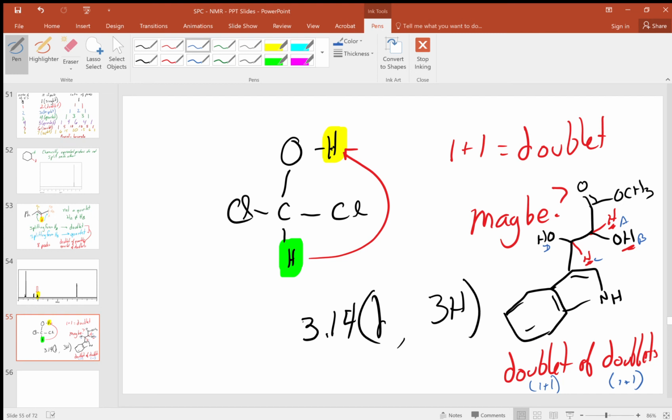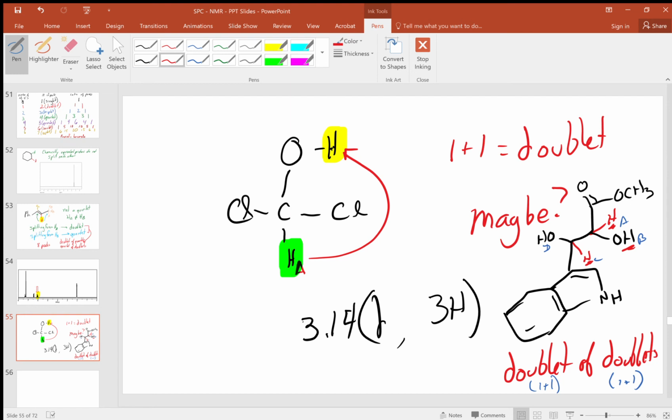And so the whole reason I bring up this story is, in answer to what I brought up, do we see splitting through oxygen? The answer is sometimes. And so if you were taking a quiz or an exam in this course, and I gave you this example, and I said, what's the splitting pattern of HA?